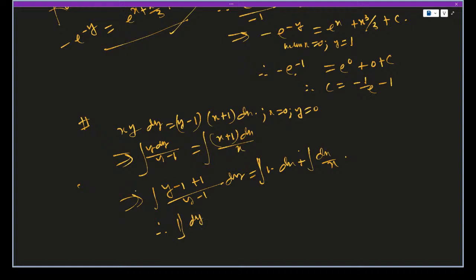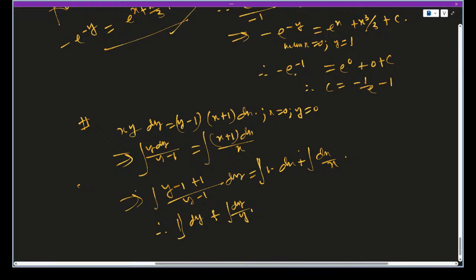Separate dy plus log x plus c. So y plus log of y minus 1 mod.